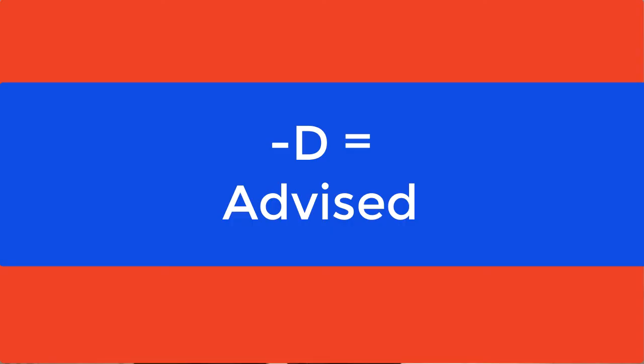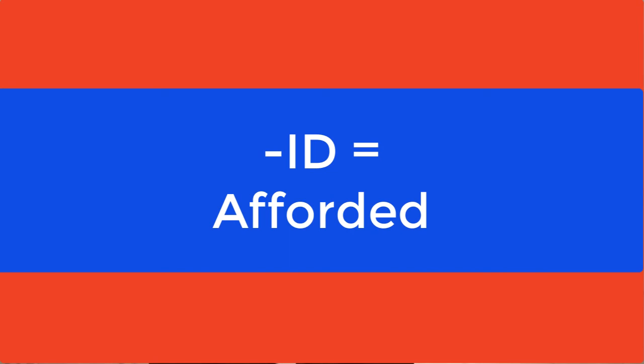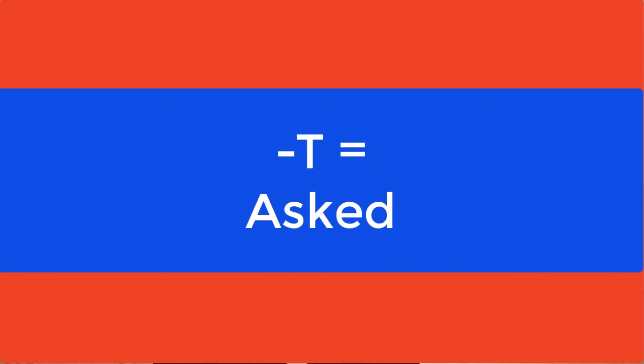To sum up, the regular verbs end in ED. This ED can have three sounds. D as in advised, id as in forwarded, and t as in asked.